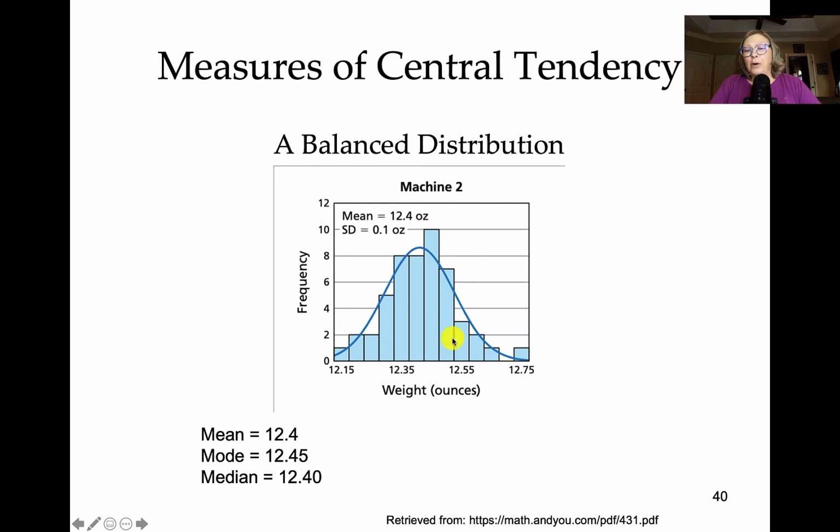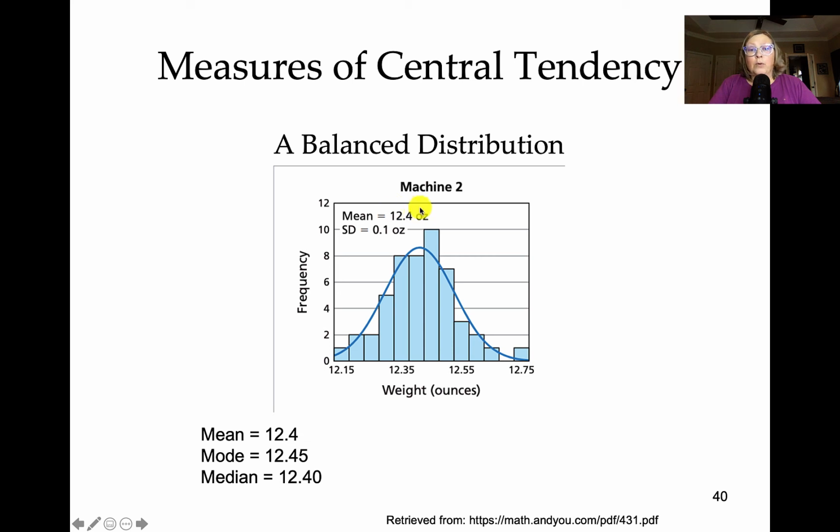Now notice it's not perfect because you don't really expect data to be perfect, but the overlying dark blue line is the normal distribution that best fits this data. We're going to talk about normal distribution a bit more. But here you can see the mean, the arithmetic average, is 12.4. And that's pretty close to the center of 12.15 to 12.75.